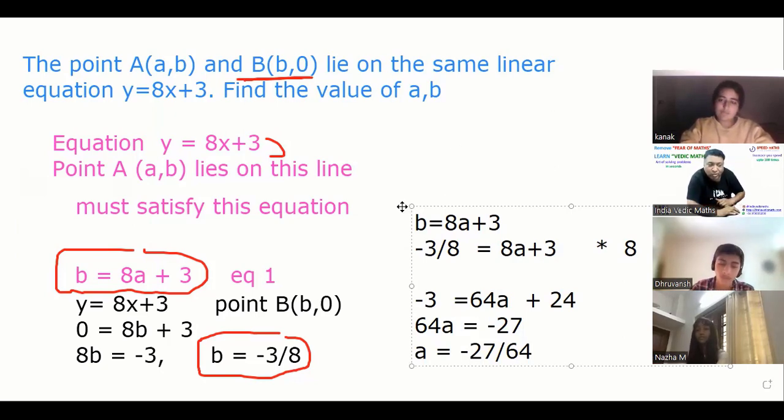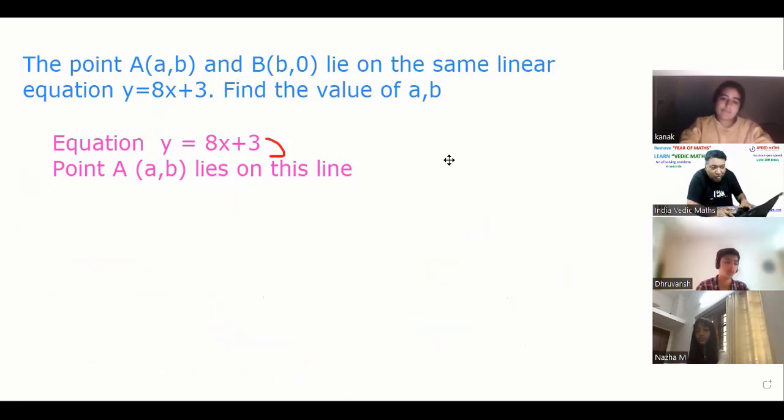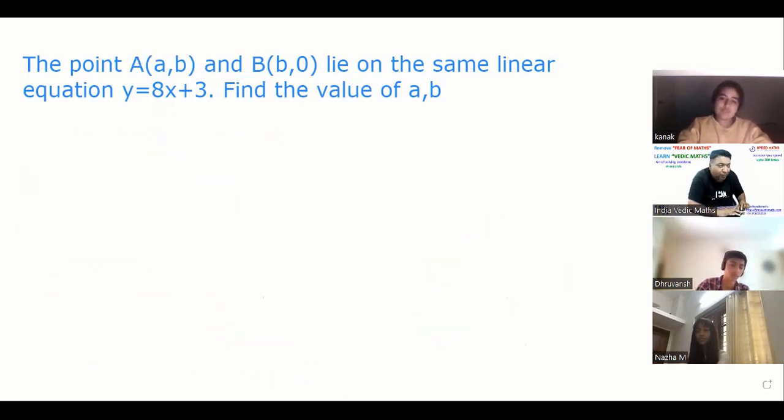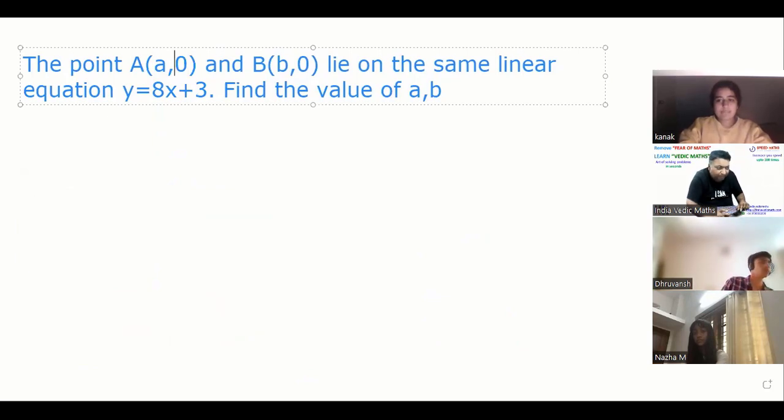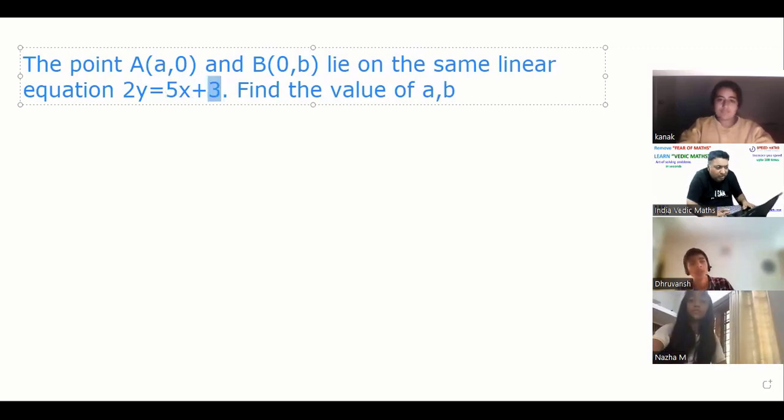I am going to solve one more question for everyone's benefit. Okay? This is a very interesting question. Let me modify this question now. If I say point A, 0 and 0, B lies on the same equation, say 2y equal to 5x plus 2.